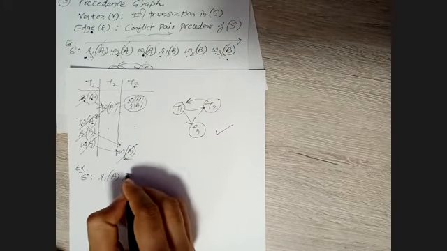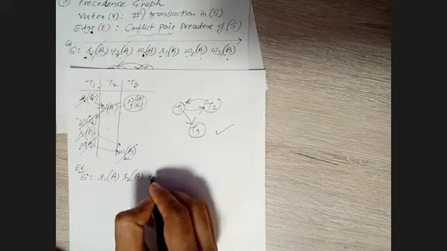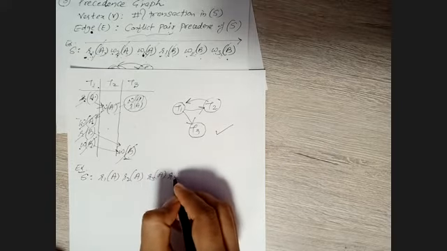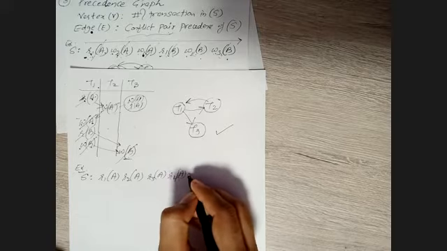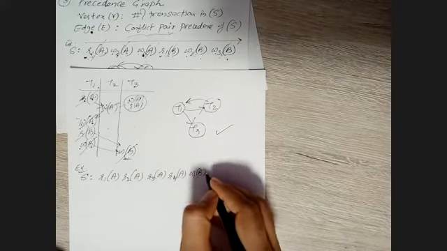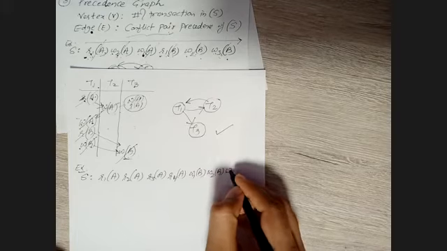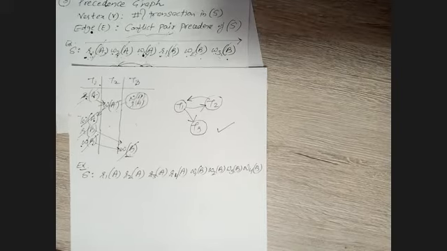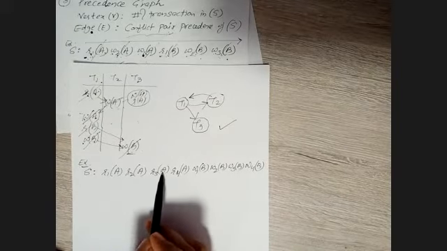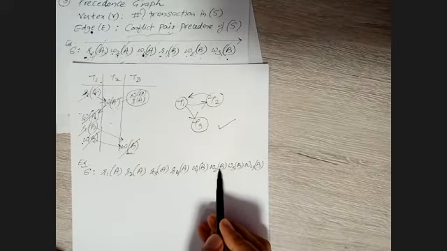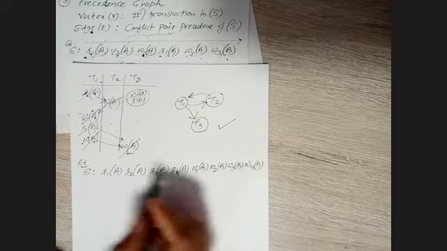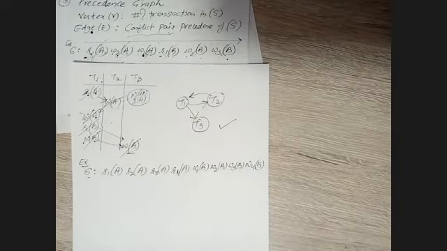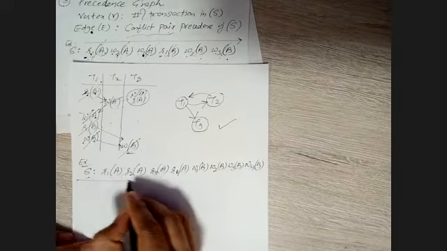These are the operations: R1A, R2A, R3A, R4A, W1B, W2B, W3B, W4B. So identify the precedence graph for this one, right? Okay. So with this one, our third is also finished.